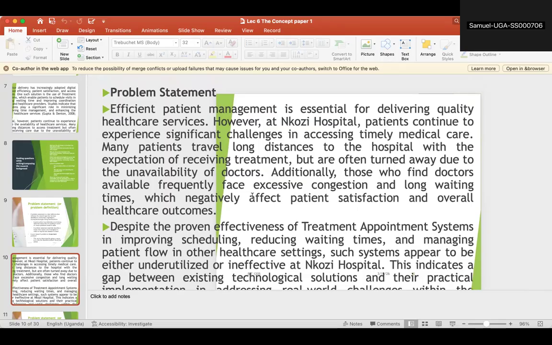Yes, sir. Problem statement: efficient patient management. Efficient patient management.